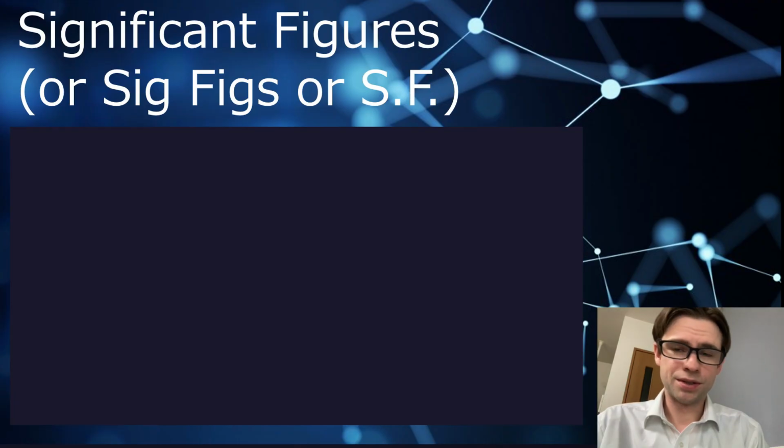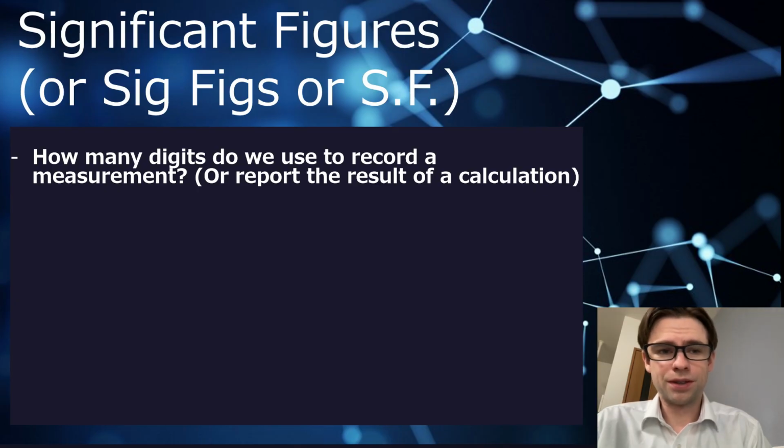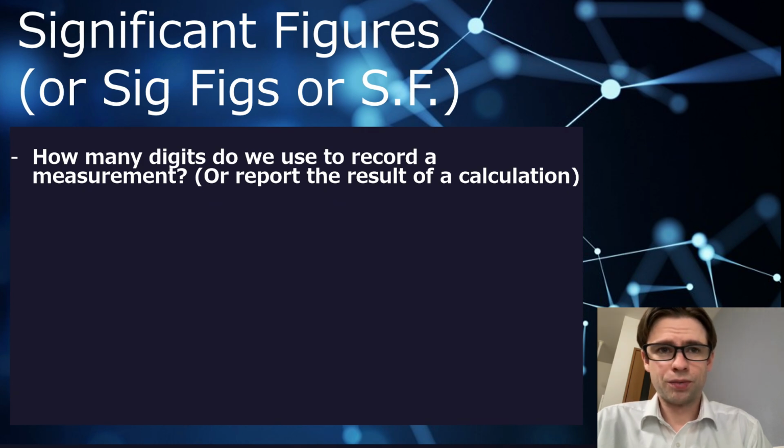Significant figures, or sig figs for short, or SF. So, you have to ask yourself the question, how many digits do we use to record a measurement if we go measure the length of something with a ruler or the volume of something with a flask or whatever? Or how many digits do we use when we report the result of a calculation? So maybe you want to measure the speed of something.